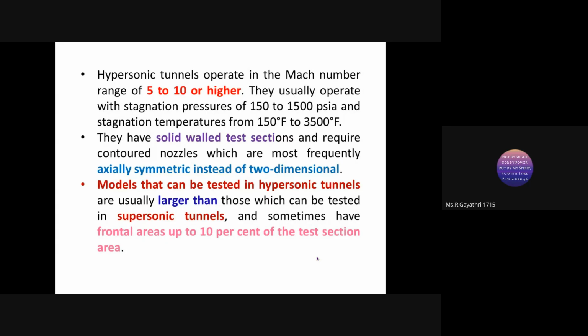Here we can see solid walled test section and require contoured nozzle, that should be axially symmetric instead of 2D because we can see notable changes in all directions. Forces and moments are changing in all three directions. So we can use axially symmetric nozzle or 3D nozzle.